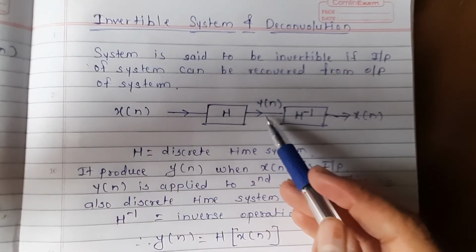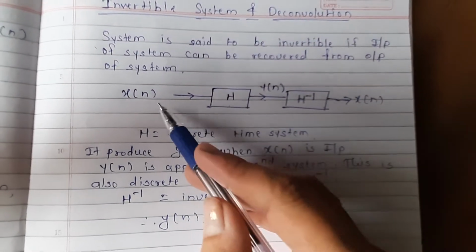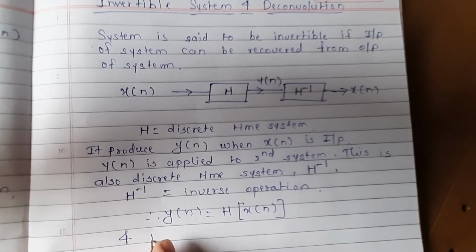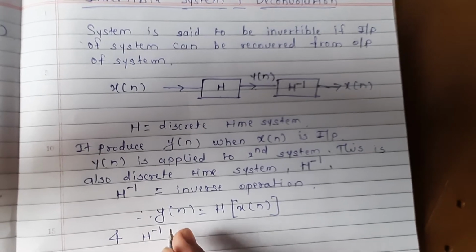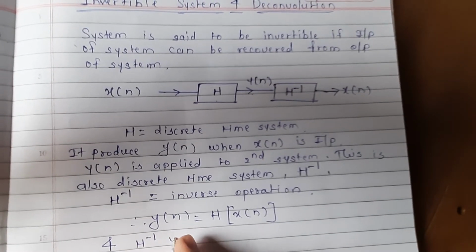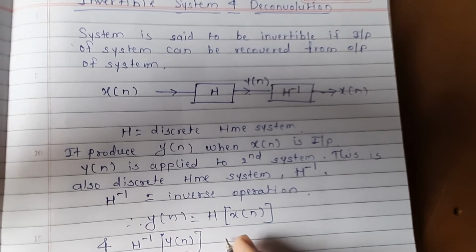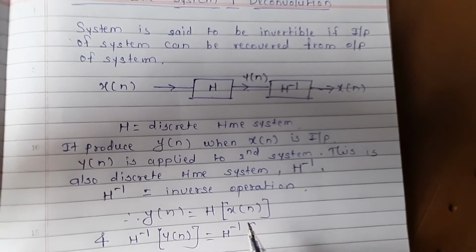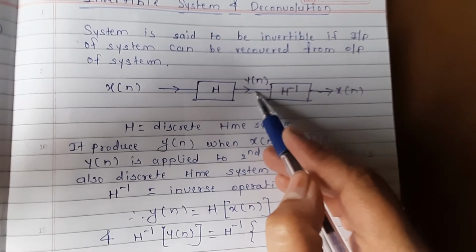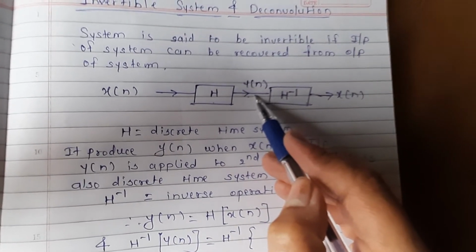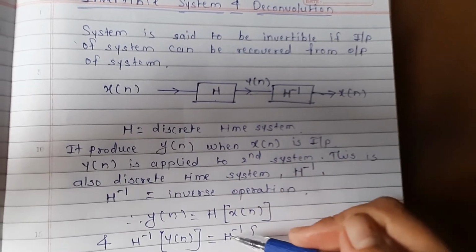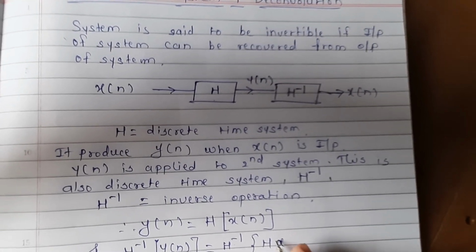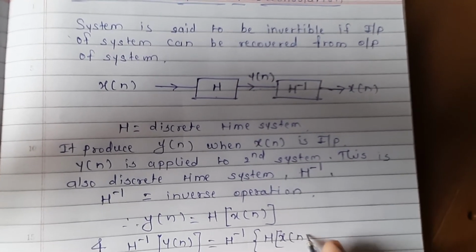So we can write the equation y of n is equal to h of x of n. y of n is the output of the first system, so it is h of x of n, and we can write h inverse of y of n is equal to h inverse of h of x of n.